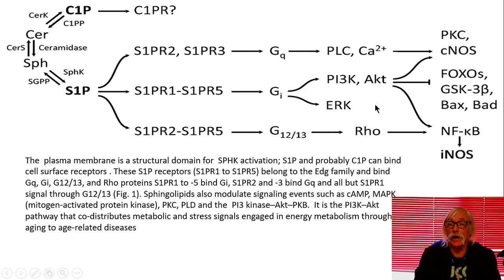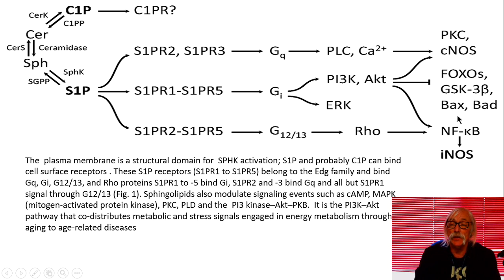They work through a secondary signaling system, either phospholipase C, with the induction of calcium that is released into the cytoplasm, and that then can turn on protein kinase C and nitric oxide synthase, or the inhibitory protein can work through phosphoinositol 1,3 kinase, or the ERK kinase, and AKT, and that can all block the FOXO, GSK3 beta, and BAX-BAD pathways.